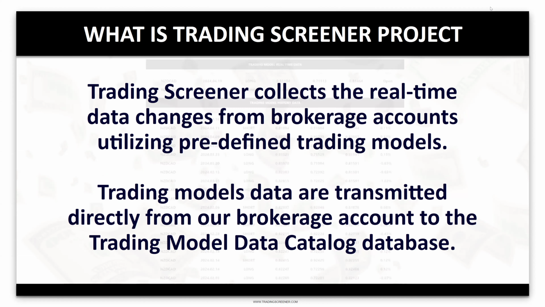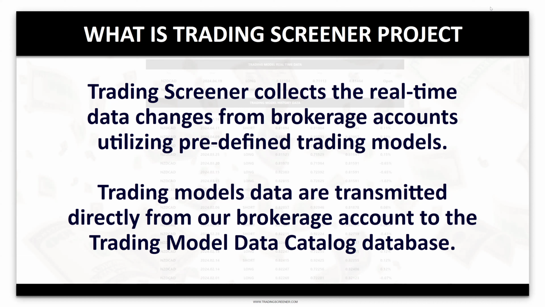That's why Trading Screener collects the real-time data changes from brokerage accounts that are using a trading model, or however you want to call it, a trading algo. We are pulling our data directly from our brokerage accounts.